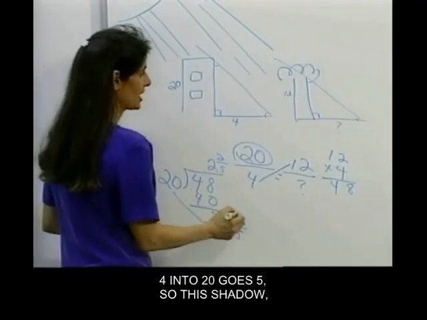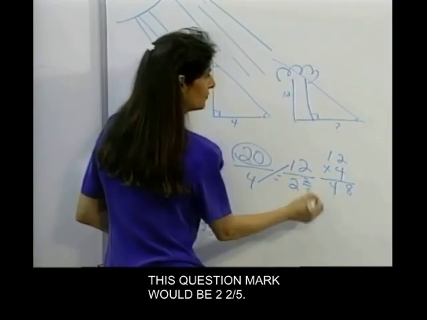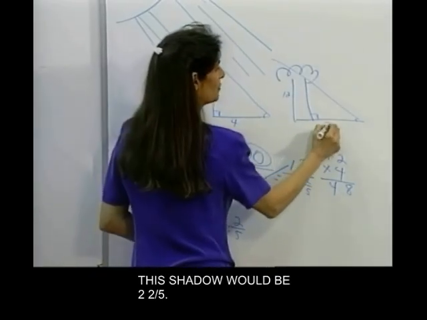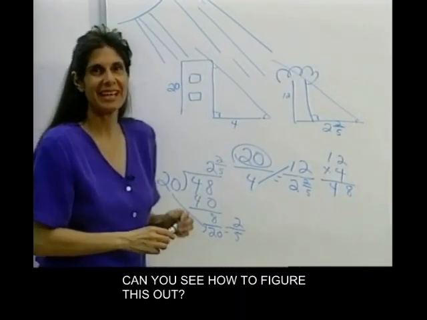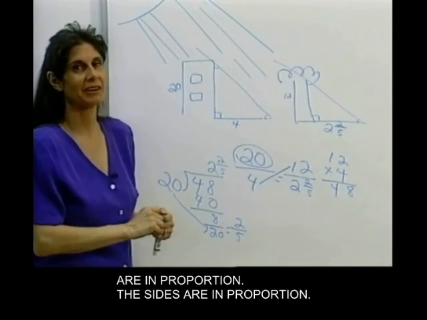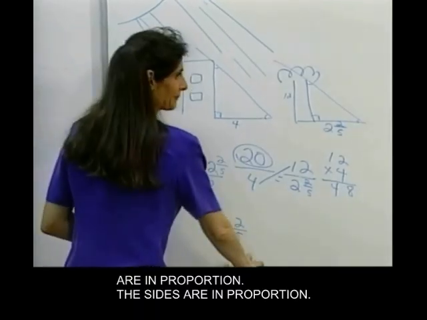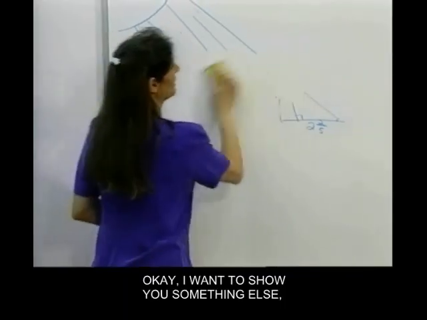So this shadow, this question mark, would be 2 and 2/5. Can you see how to figure this out? This is similar triangles. Always their sides are in proportion.